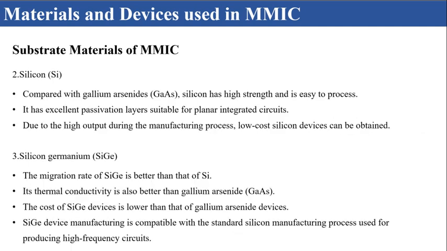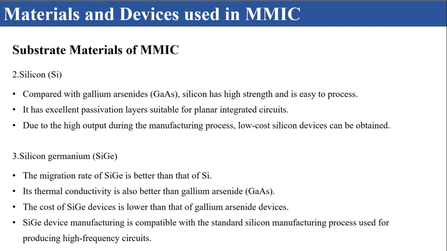And the second one is silicon. Silicon is more widely used in semiconductor manufacturing because the reverse leakage current of germanium is 6 orders of magnitude higher than that of silicon at 25 degrees temperature.